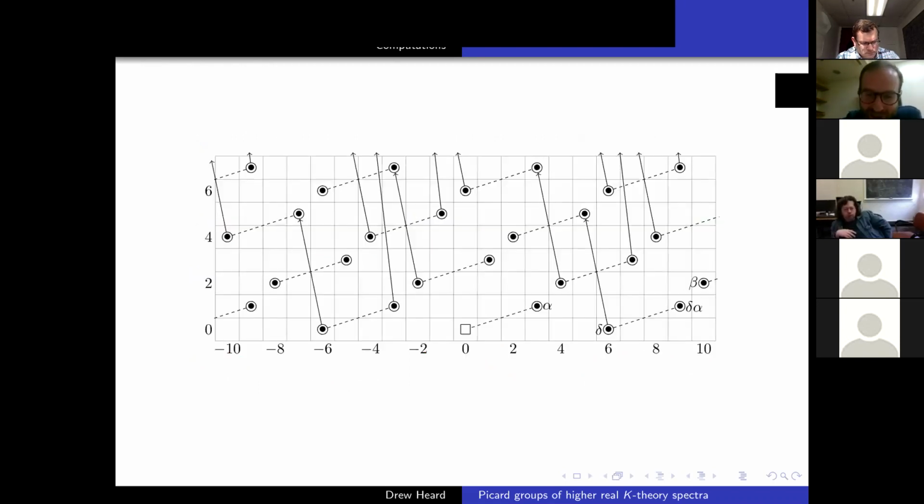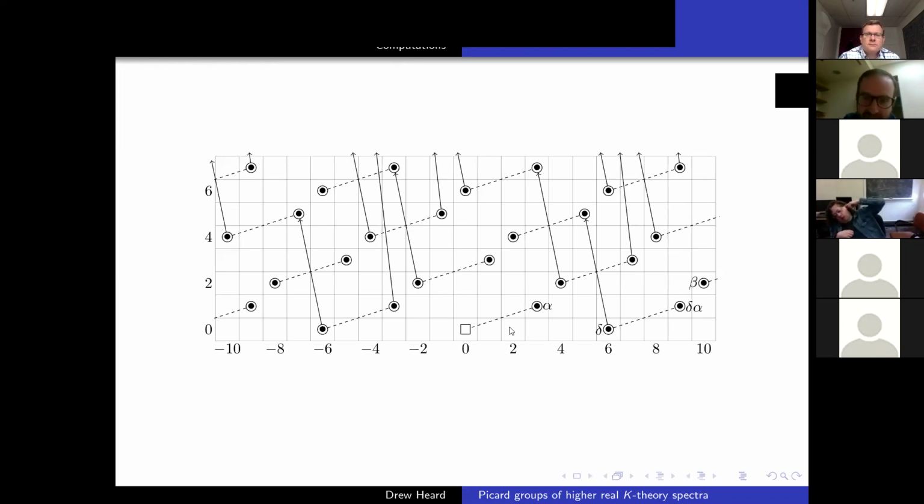This is an Adams index chart, so it's t minus s along the bottom and then s along the vertical axis. From this comparison from the Picard spectrum to the ordinary spectrum, everything above the t equals 2 line will also be on the E2 term of the Picard spectral sequence.